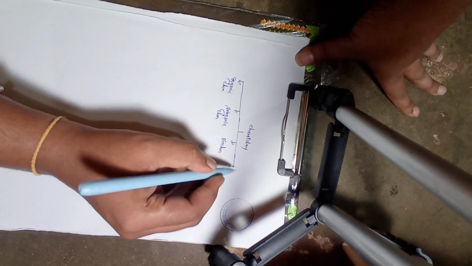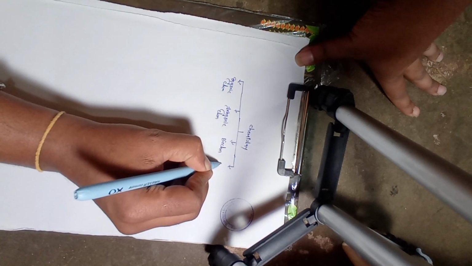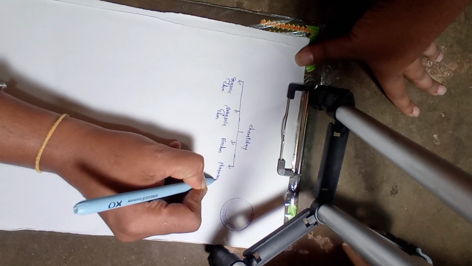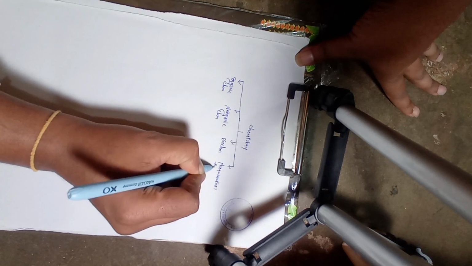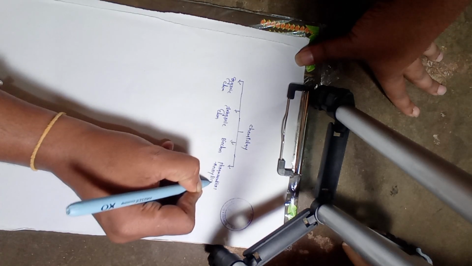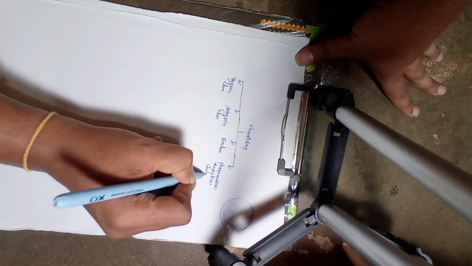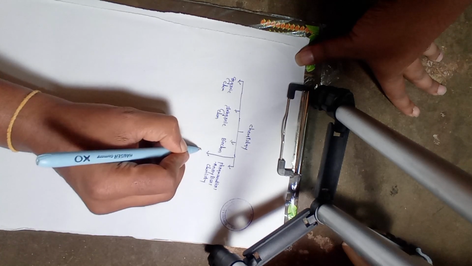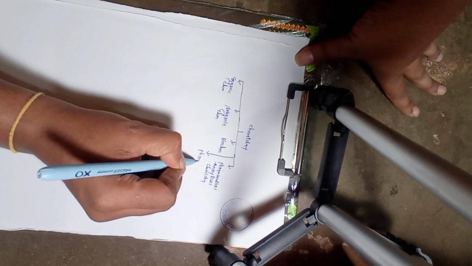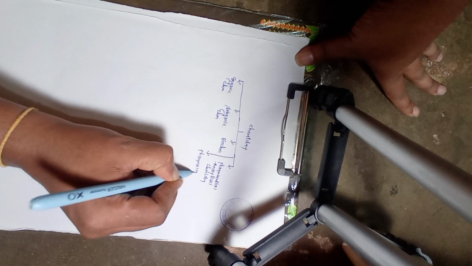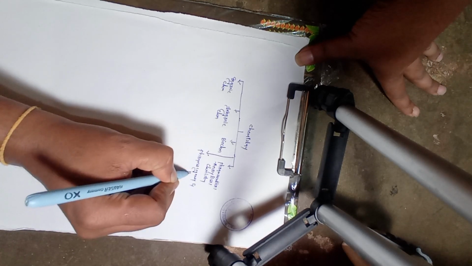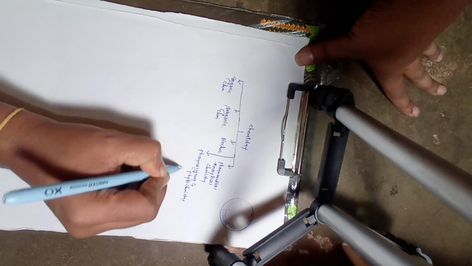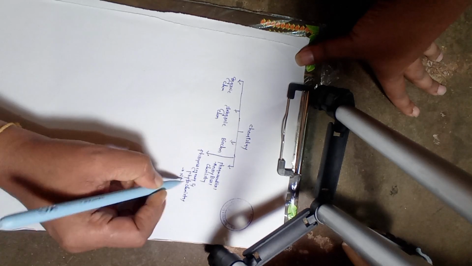Fourth branch is pharmaceutical analytical chemistry, and pharmacognosy and phytochemistry. So it includes natural product chemistry. All these things will be included in this one.